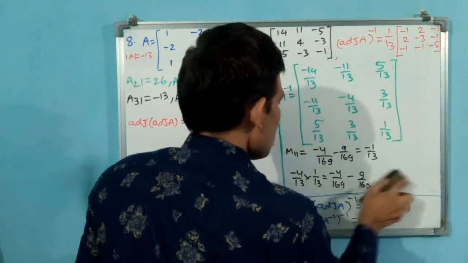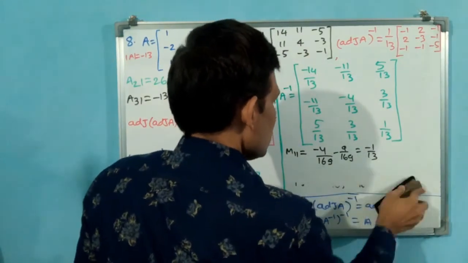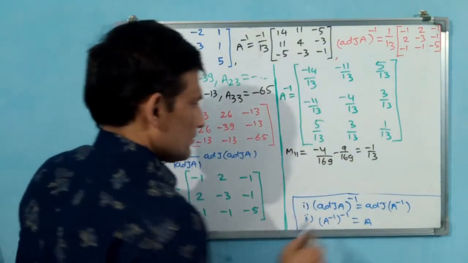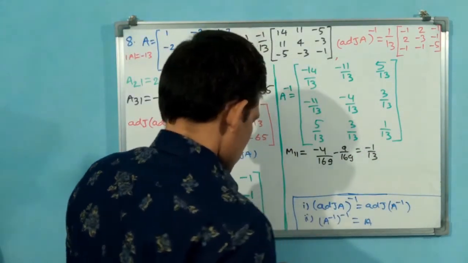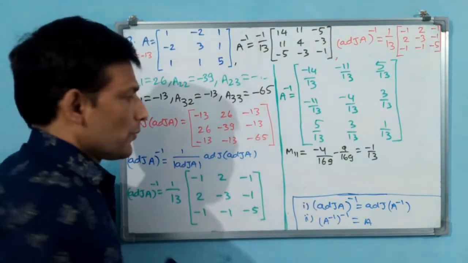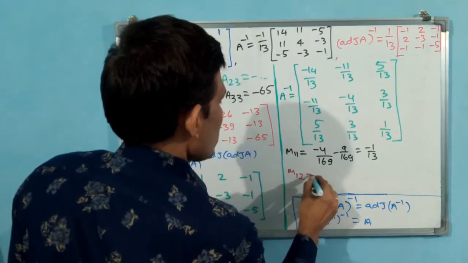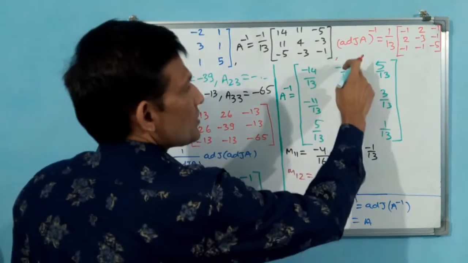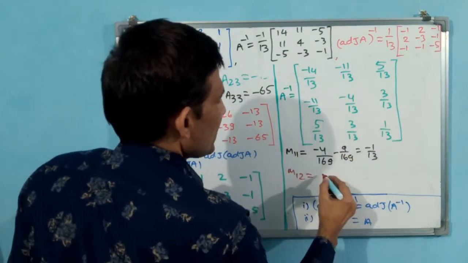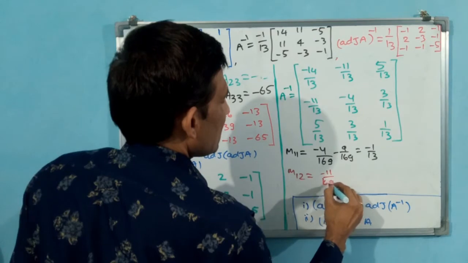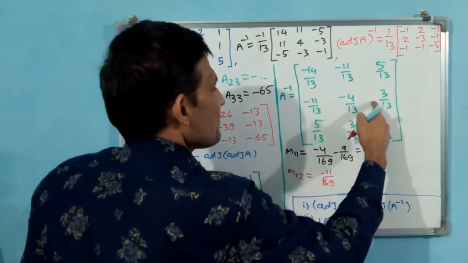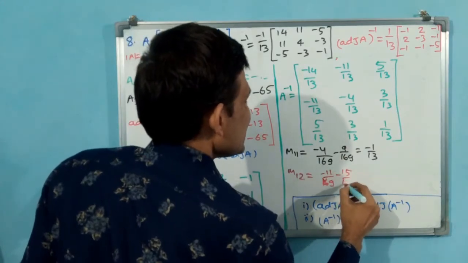And the second one, third one, like that we have to find like this only. This is a lengthy question, not a complex question, but a lengthy question. Okay, let us find another one, M12. M12 means you are closing 11 by 13. If you close it, you see minus 11 by 169, minus 15 by 169.